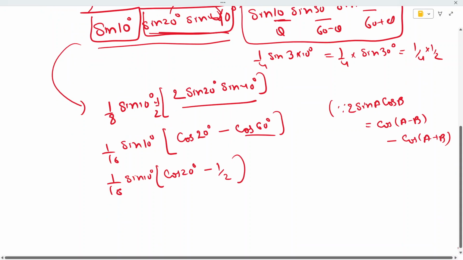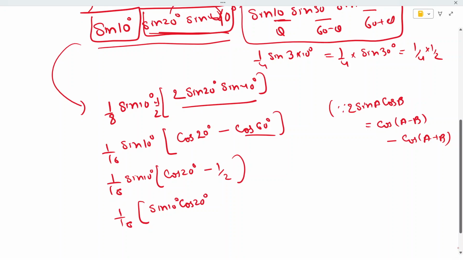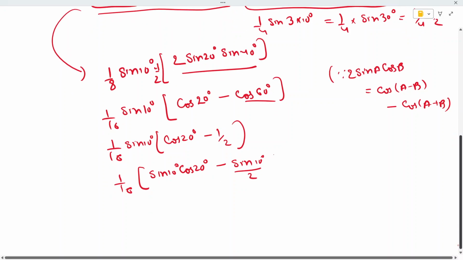Now just multiplying inside 1/16, we get sin 10 degrees cos 20 degrees minus sin 10 degrees upon 2. Okay. So let's take 2 outside.